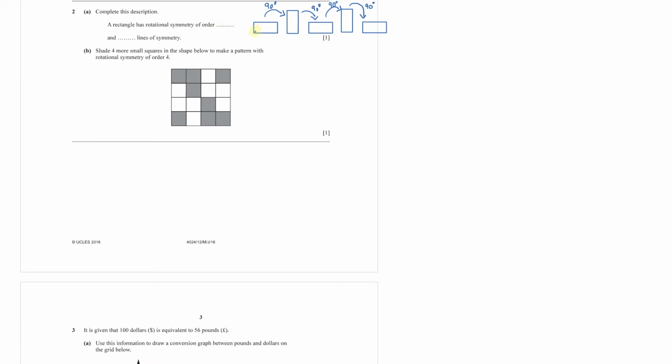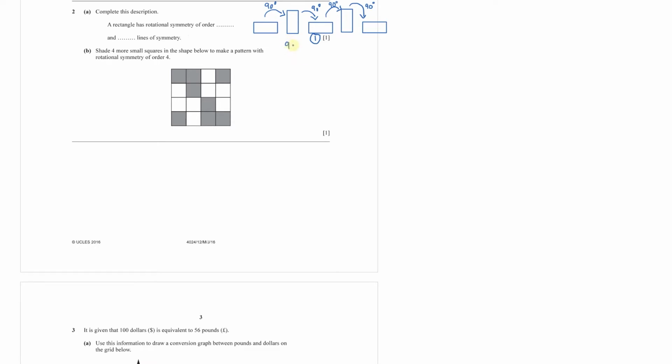So let's take this example where we have this rectangle and its original orientation is something like this. Now, if we start to rotate, let's suppose we rotate it 90 degrees, it looks like this. Another 90 degrees, it looks like this, which is exactly the same as the original rectangle we have here. So this is one. Then we keep rotating 90 degrees, another 90 degrees, we are at 270.